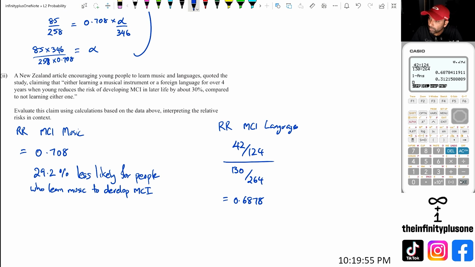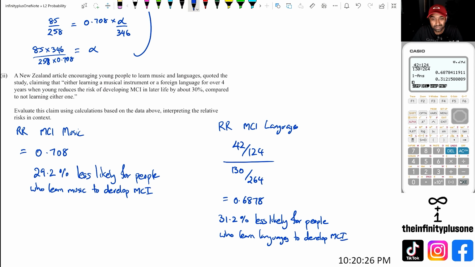And if I go 1 minus that answer, I get 0.3121. So we can actually say 31.2% less likely for people who learn languages. And again, I would put that languages to develop MCI. I probably should write that better. Who learn languages, I probably did the same thing there as well.